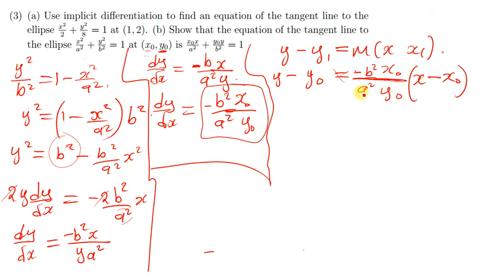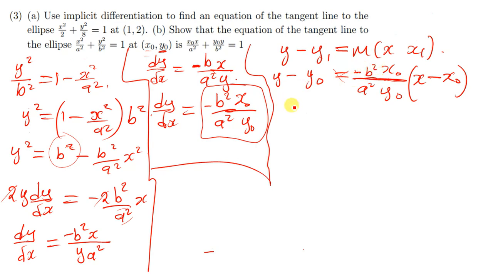For me to make my work easy, I'm going to multiply through this a squared over y naught in these brackets, and then I'll also divide the whole expression by negative b squared x naught.